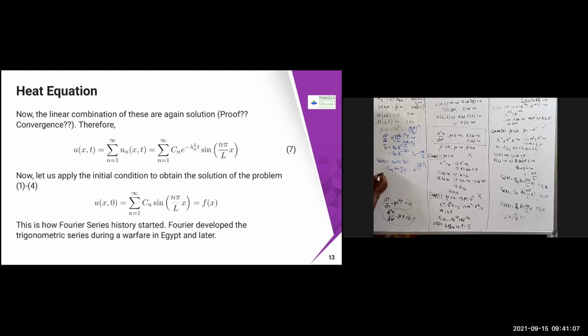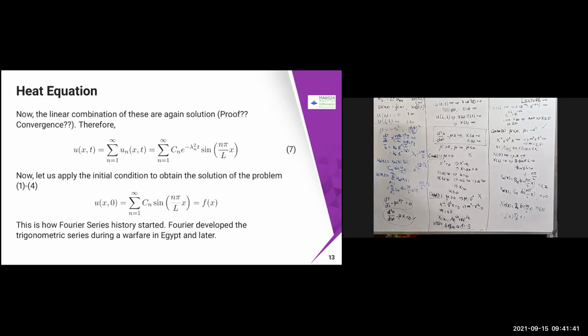So u of x comma t is the summation, n equal to 1 to infinity, of cn into sin n pi by L into x into e power minus n pi c by L whole square t.